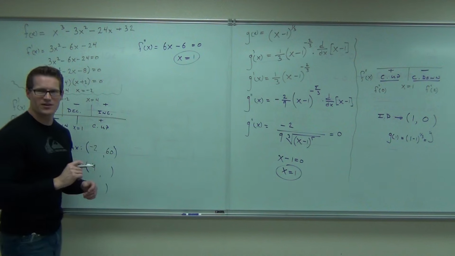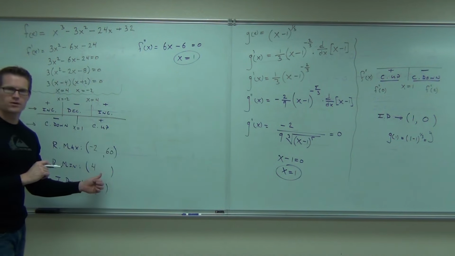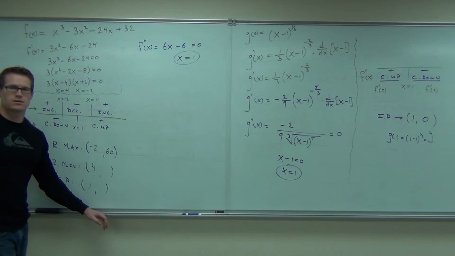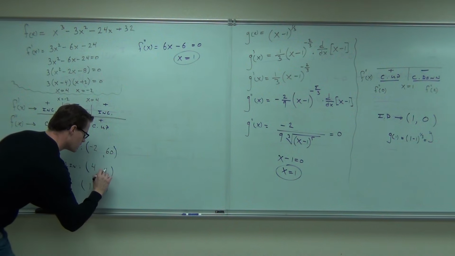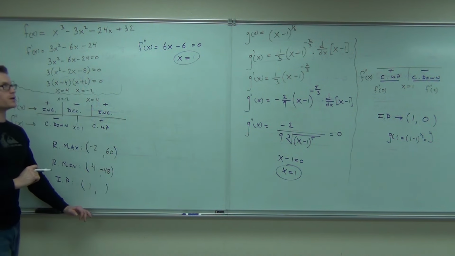Okay, how about the 4? Anyone do the 4? Negative 48? Double check? Yes? Yeah, negative 48. Perfect, negative 48. And the 1? 6. 6? Double check? 6?